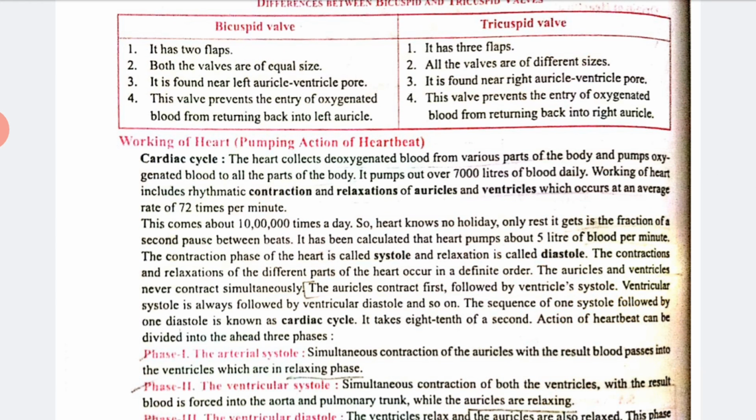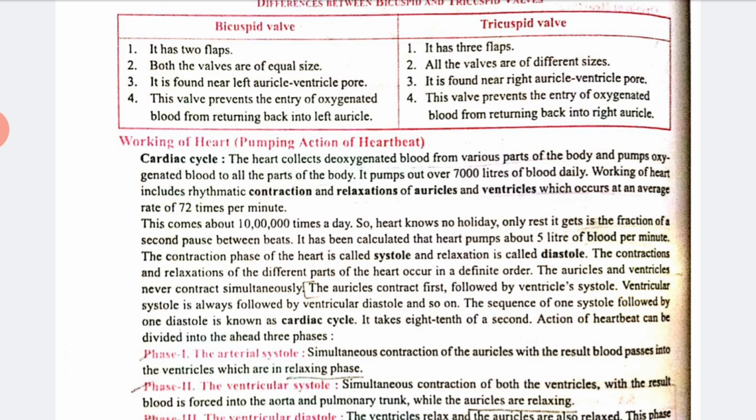The cardiac cycle: the heart collects deoxygenated blood from the various parts of the body and pumps oxygenated blood to all the parts of the body, and it pumps over 7,000 liters of blood daily, right? The working of the heart includes the rhythmic contraction and relaxation of auricles and ventricles, which occurs at an average rate of 72 times per minute.